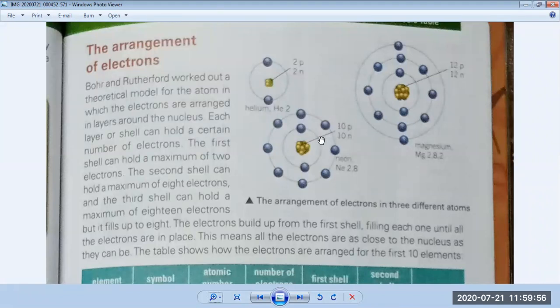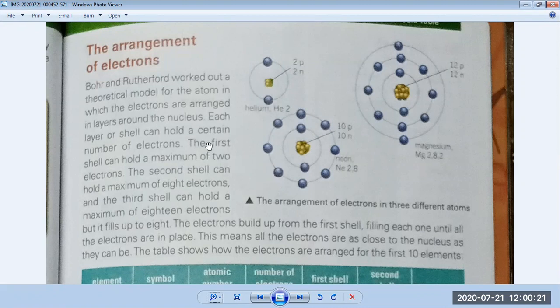According to our calculation, in the first shell there should be 2 electrons. We put here 2 electrons. How many are left out of 10? 8 are left, and they will be accommodated in the second shell. They are 8: 1, 2, 3, 4, 5, 6, 7, 8. So 8 plus 2 is equal to 10. I hope you understand it.